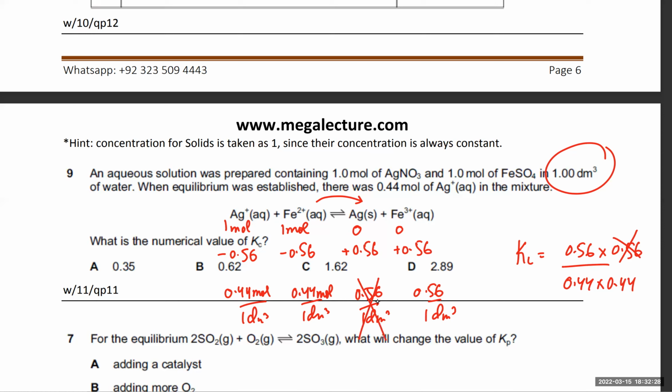You don't need to do it for a solid. You did it anyway, but only later did you realize it's a solid. Even if you calculate the concentration of a solid, the spacing in the solid remains constant. It's always tightly packed, so it won't make any difference there. So it's just going to be taken as 1. This one would be taken as 1. So be careful about that.